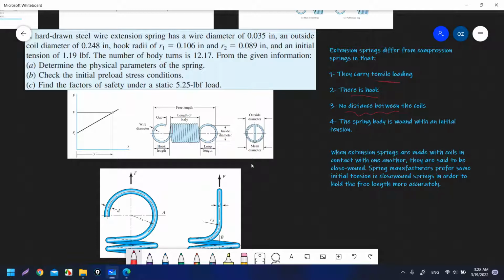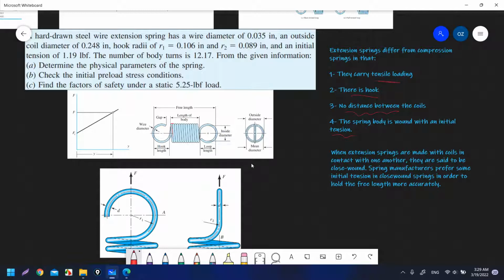As you can see here, the coils are in contact with each other. In order to maintain this contact, we will apply an initial tension. So the spring is under initial tension already before we apply our tensile loading, our force F.